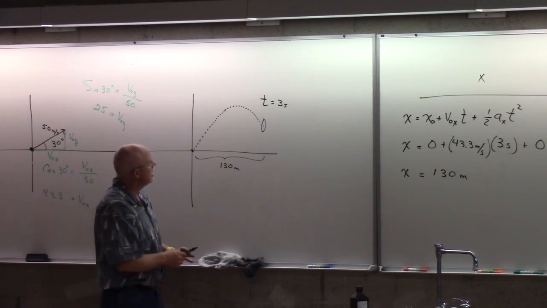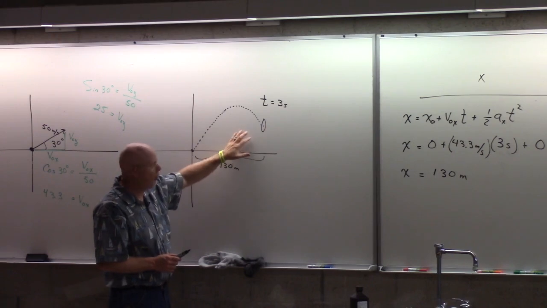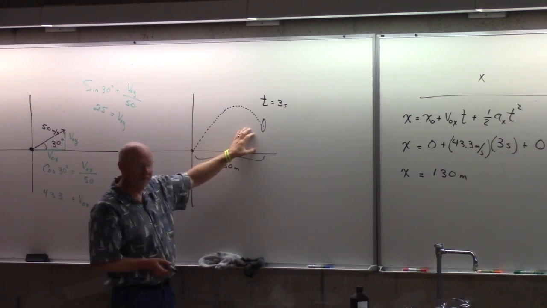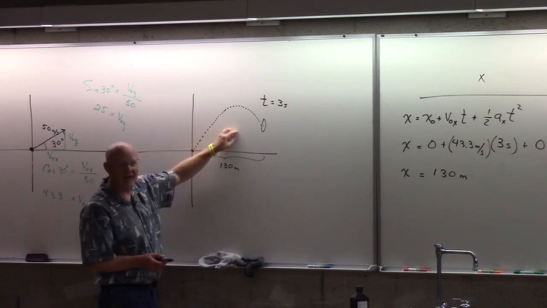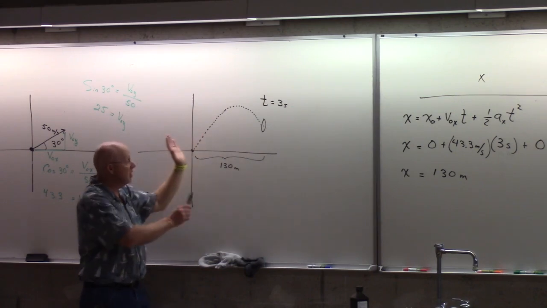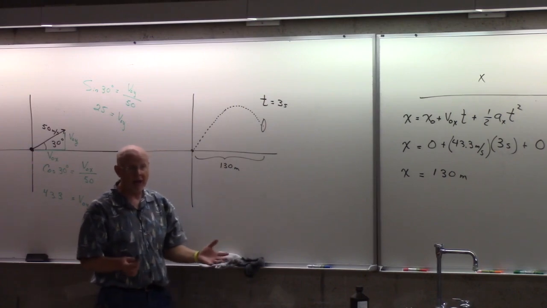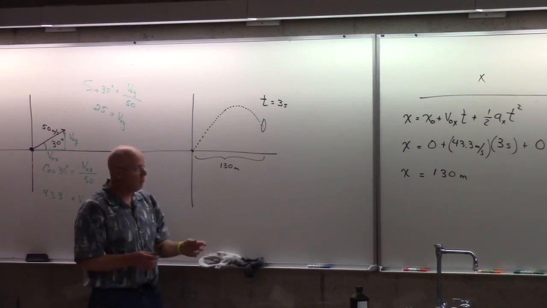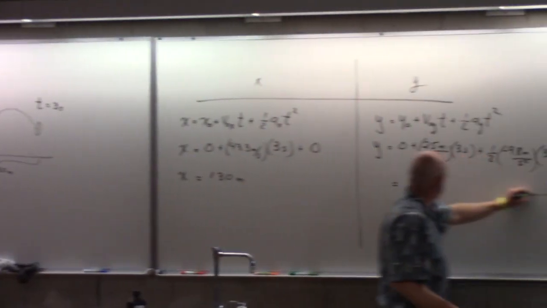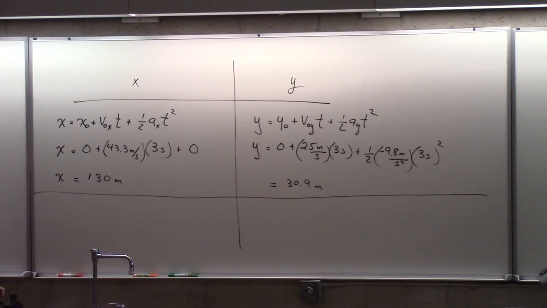Because you see, if it was going down, the y velocity would be negative. If it was going up, the y velocity would be positive. Now, notice the x velocity would always be the same number and always be positive. But just so that I can match, let me think about kinematics equation number 1.